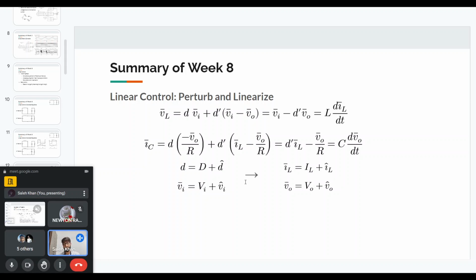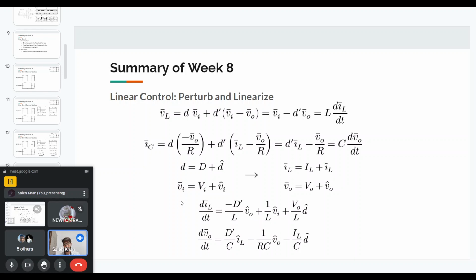When I do this step, I will get these equations. These are the state space equations of this system for small signal changes. Based on these two equations, I can find the transfer function of the system.